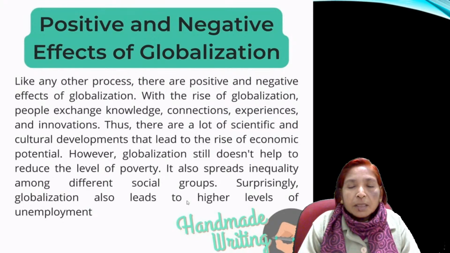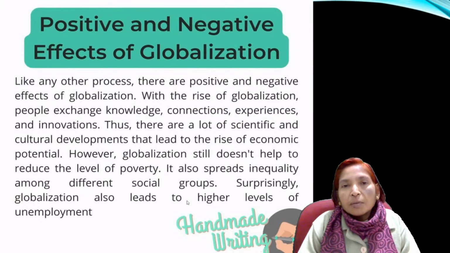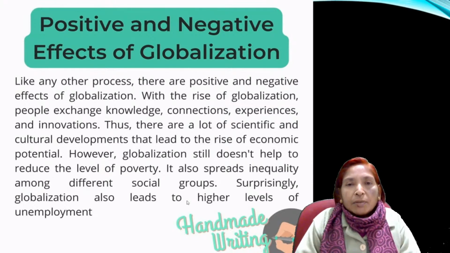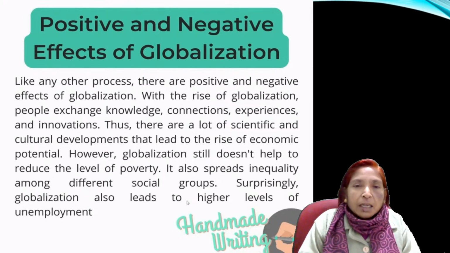It also spreads inequality among different social groups. Surprisingly, globalization also leads to a higher level of unemployment because globalization improves technological advancement, and as technological advancement increases, the employment level falls, so the unemployment ratio will rise. So this is the negative impact of globalization on unemployment, poverty, and inequality.